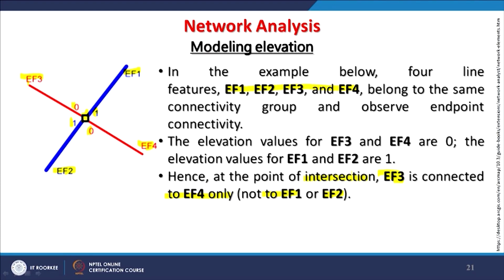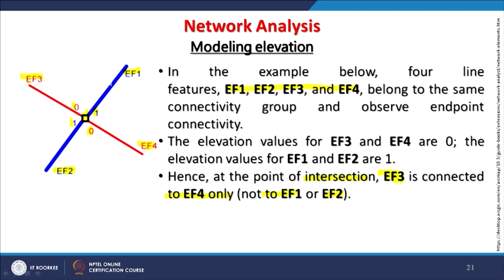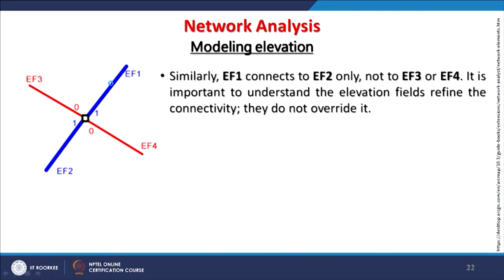Now if a junction has to be established, say in subways or in underground metros, then within these underground conditions, junctions have to be created, so that people from level 0 can reach level 1. Further, in the same way, EF1 connects to EF2 only and not to EF3 and EF4.